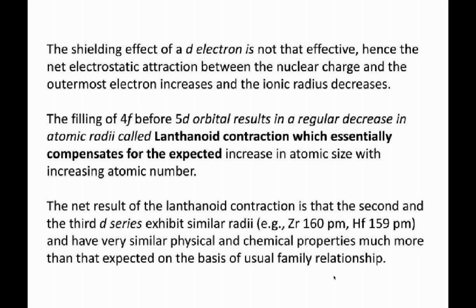Because of the net result of lanthanide contraction. It shows similar radii, and they have very close physical and chemical properties, more than expected based on their family relationship. This phenomenon called lanthanide contraction makes them show very similar physical and chemical properties.